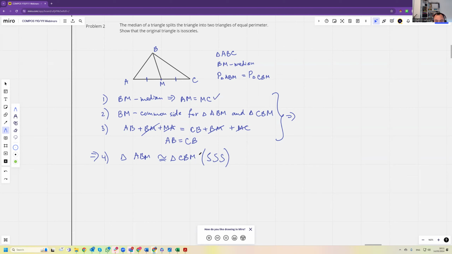Yes, so we've proved that the triangles are congruent, and if the triangles are congruent, that means that AB, therefore, you can use therefore, AB is equal to BC. Therefore, triangle ABC is isosceles.